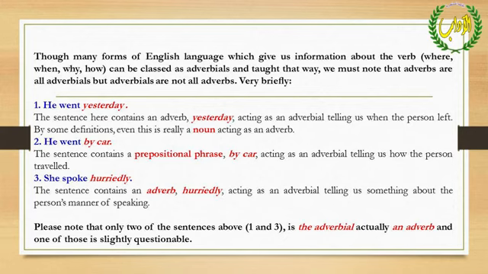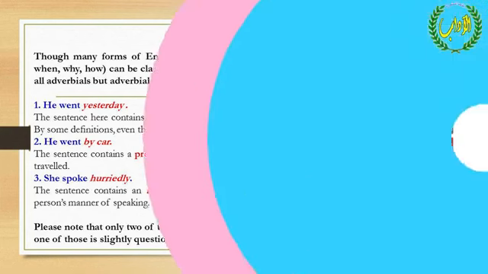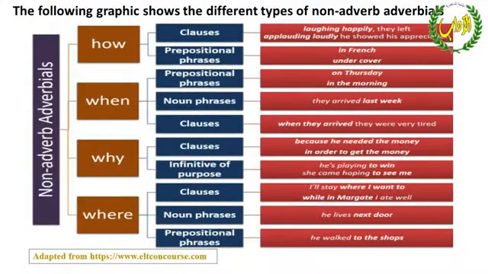Please note here that only in two of the sentences above, that is 1 and 3, is the adverbial actually an adverb, and one of those is slightly questionable. The following graphic shows the different types of non-adverb adverbials. So we have some examples related to how, other examples related to when, why, and where.